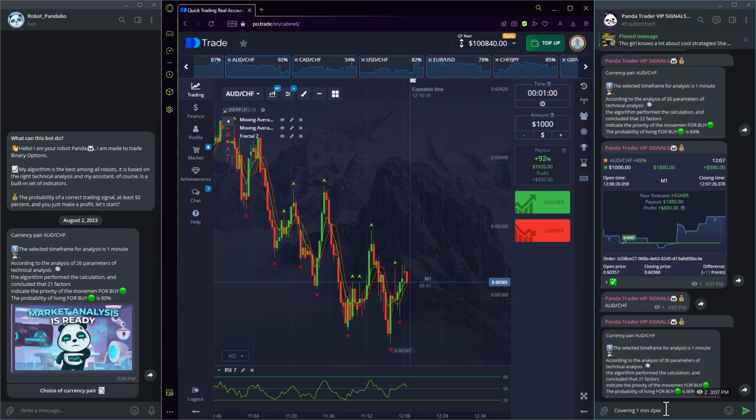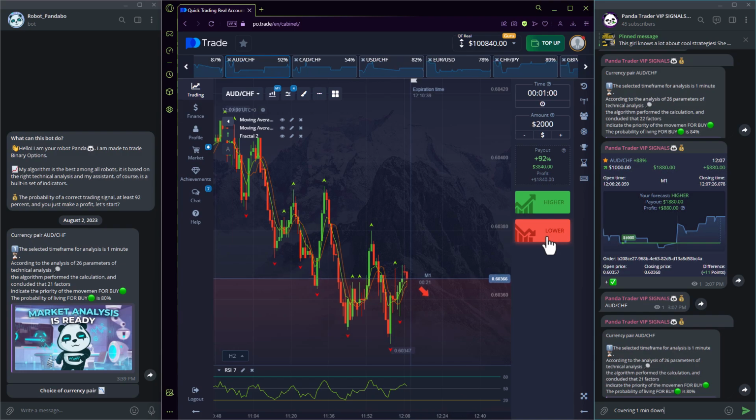And as I told you before, we have the global downtrend, the continuous downtrend. So right now, approximately, we hit the resistance level. In this particular situation, I'm deciding to go for 1 minute down for covering.